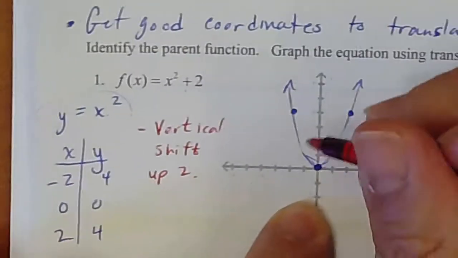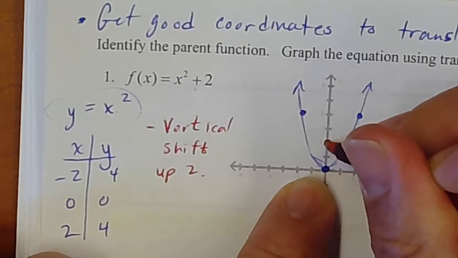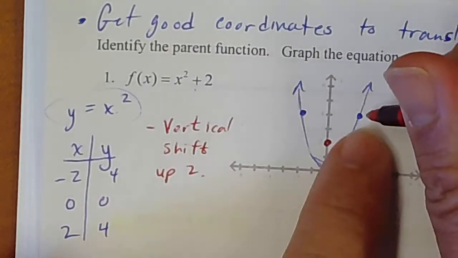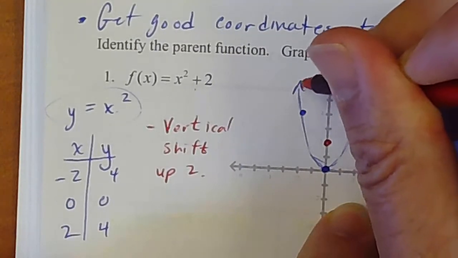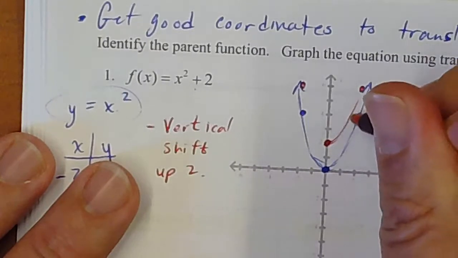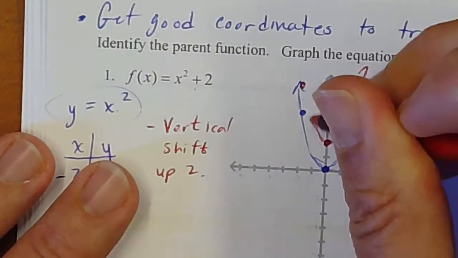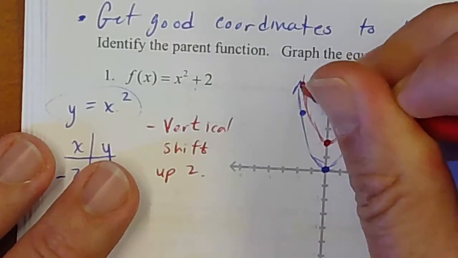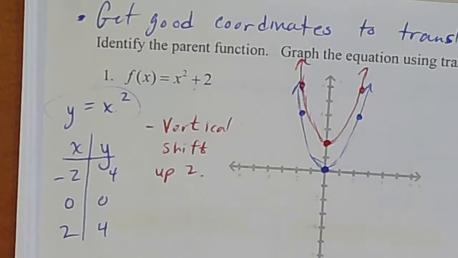So all we have to do is pick up this coordinate, move it 2 units up, and drop it back down for all 3 of these. So that one just had 1 step.